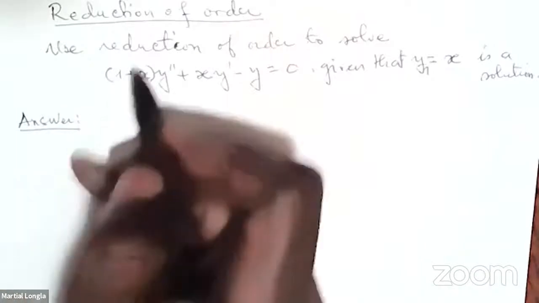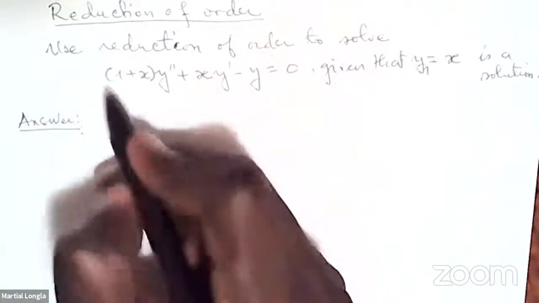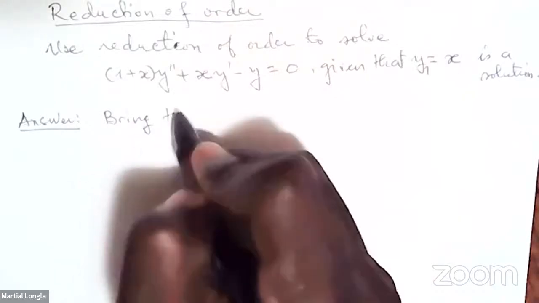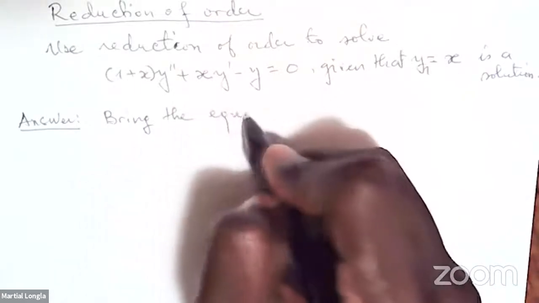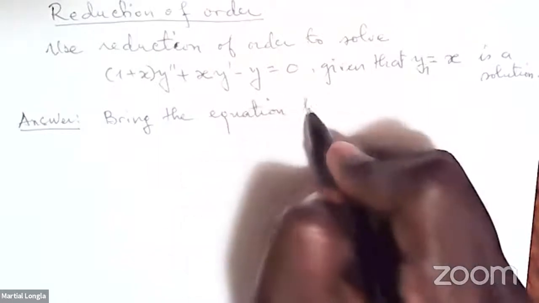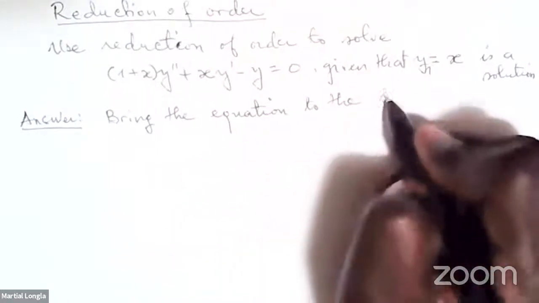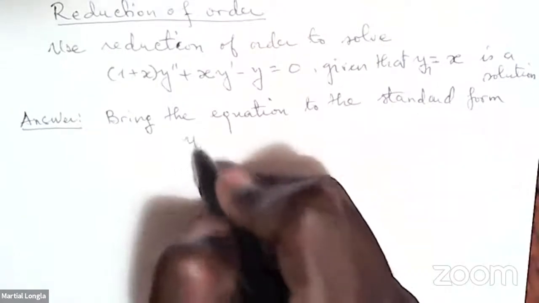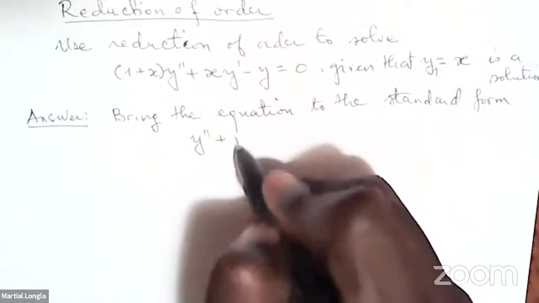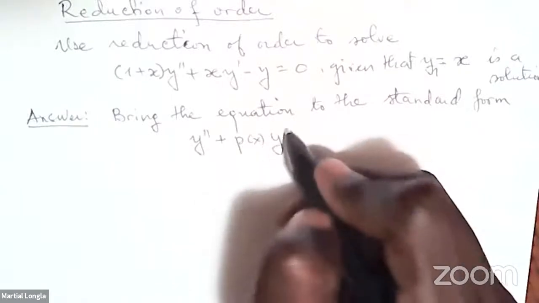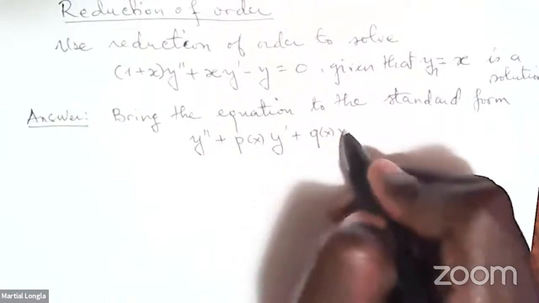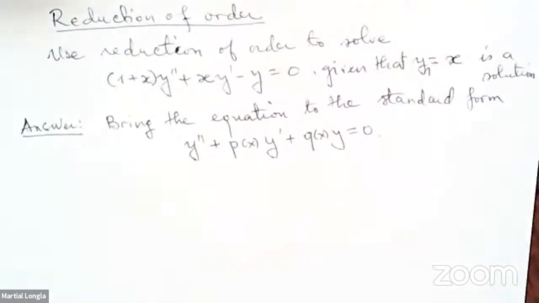Here are the steps. The first step is to bring the equation to standard form. And the standard form is y double prime plus p of x y prime plus q of x y equals 0.